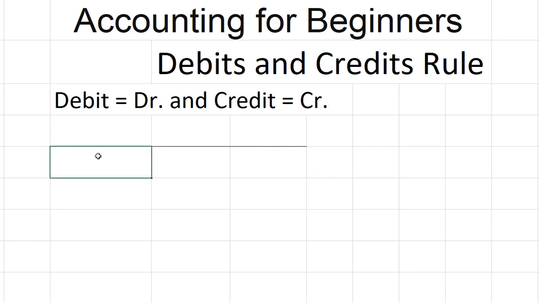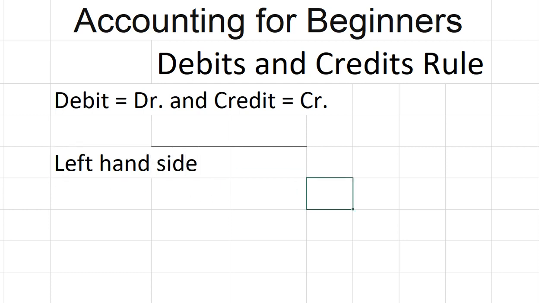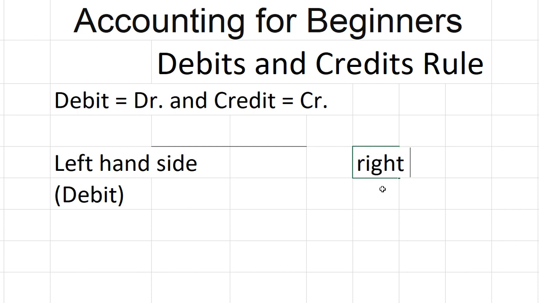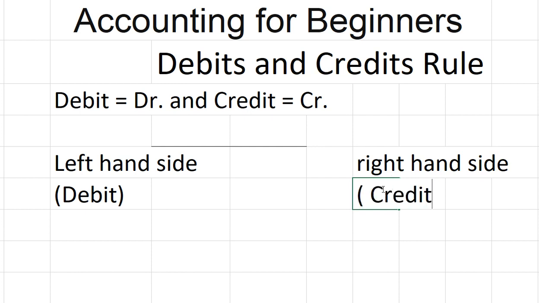So debit is represented by the left hand side, I mean the debit, and credit is represented by the right hand side, I mean the credit.